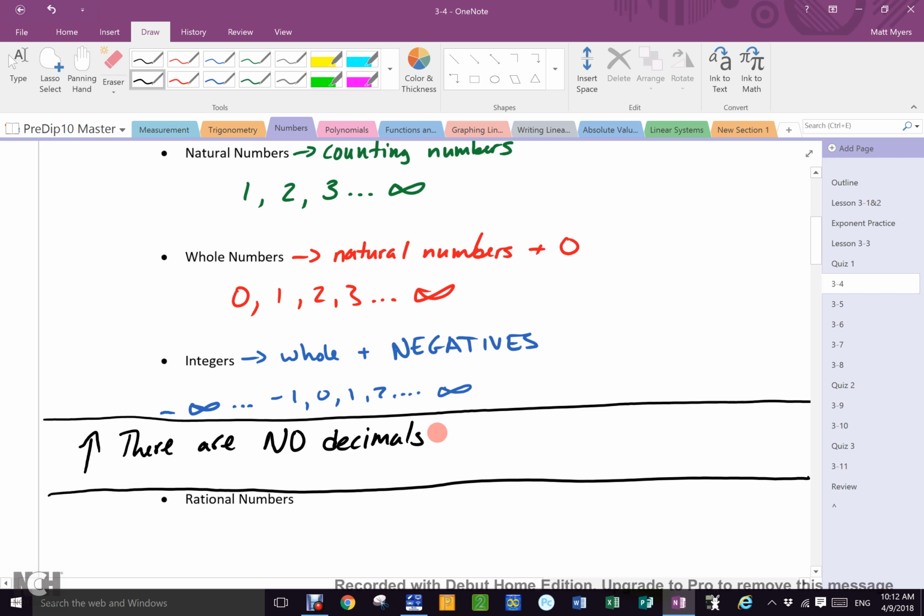And if there's no decimals, that means what else? There's no fractions. Right. And no fractions. So you have to expand your definition specifically of whole numbers to include now only those things. Because whole numbers in the number system is different than whole numbers when we're talking about fractions and decimals. Everybody cool?